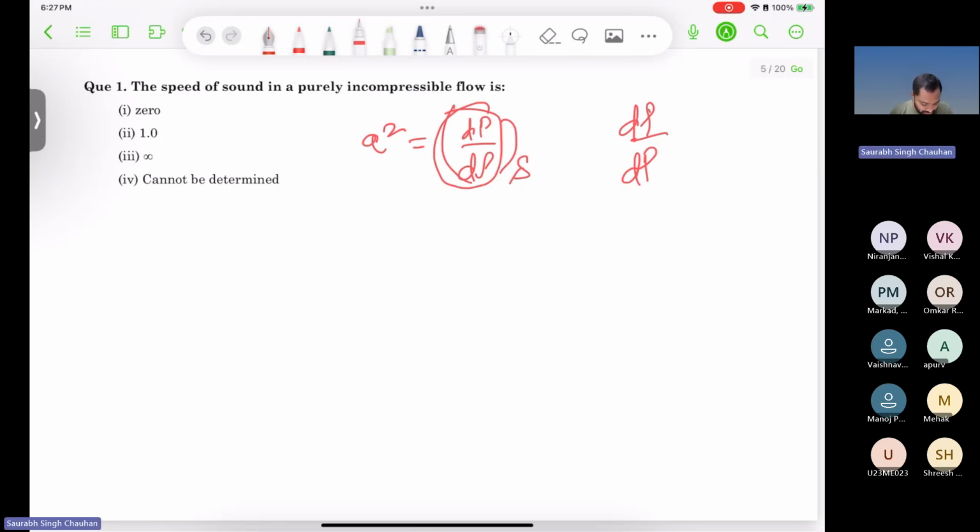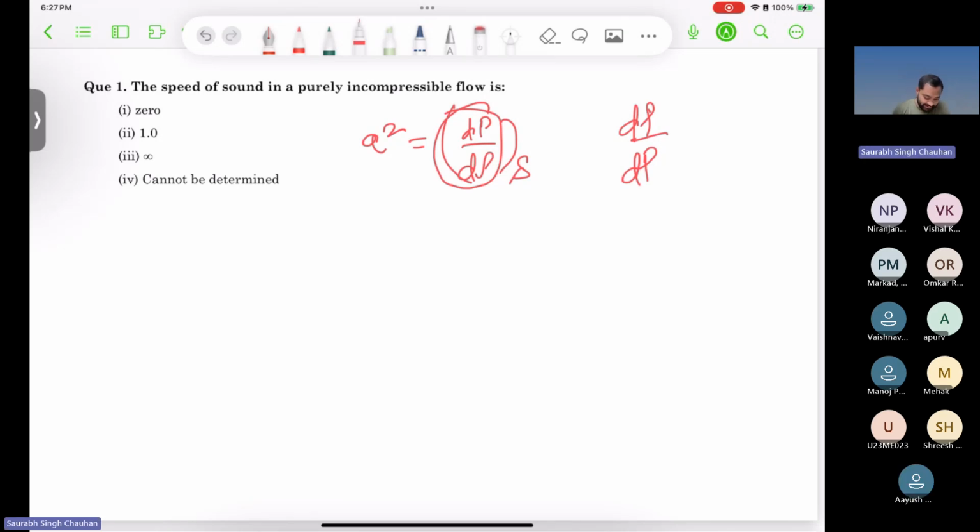Before solving it using mathematics, just use your common sense. What will happen? You have studied the speed of sound, or speed of waves in a medium, right? Let us say you have a guitar string with some tension in it.